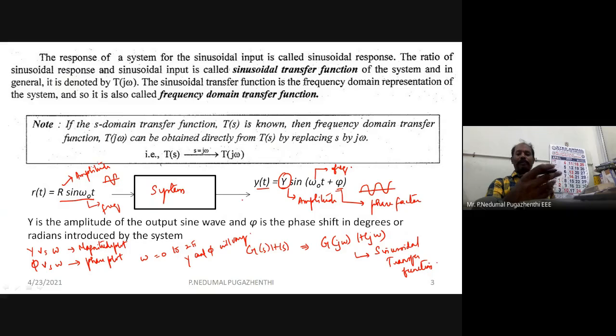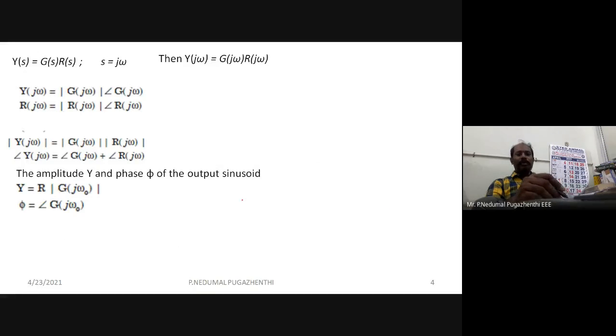If you capture that data and plot it, you will get a frequency response which has two parts: one is magnitude and the other is phase. Because it is a complex function, j omega is involved, you will have a real part and an imaginary part. And since you have a complex number, there is always a magnitude and a phase. So this slide will provide you the exact things we have said.